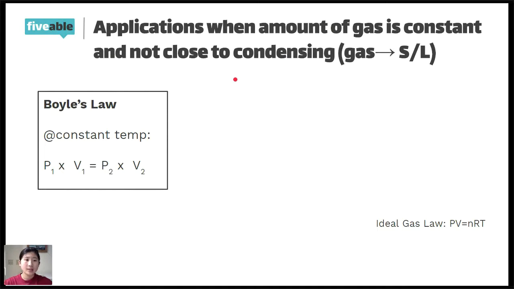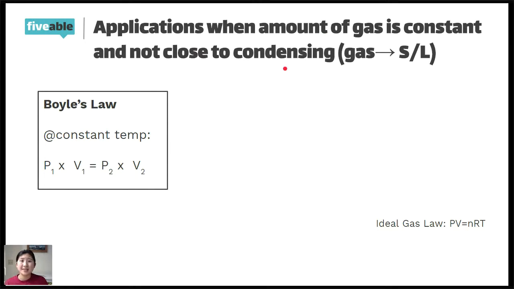That's one kind of question you're going to see on the AP exam. And so, applications when the amount of gas is constant and not close to condensing. When you talk about close to condensing, it's what you said earlier on, when there's high pressure, a gas doesn't behave very ideally anymore.